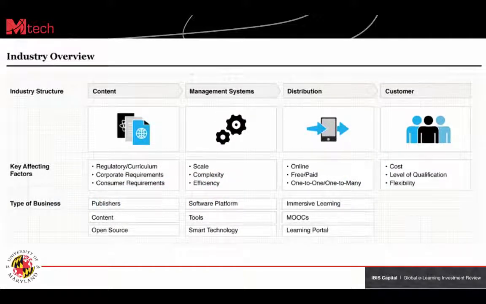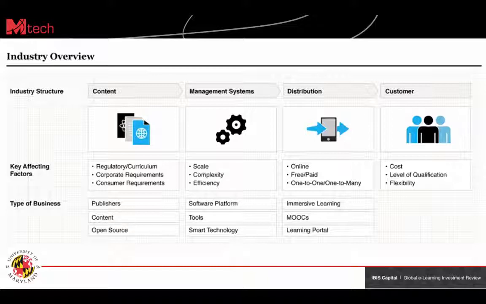I also want to recognize how the industry is structured and how it is segmented. Working my way from the left side, content is an area that's influenced by regulatory and curriculum matters, influenced by requirements, and the types of businesses that would fall in content are the publishers, the content generators, the open source content.